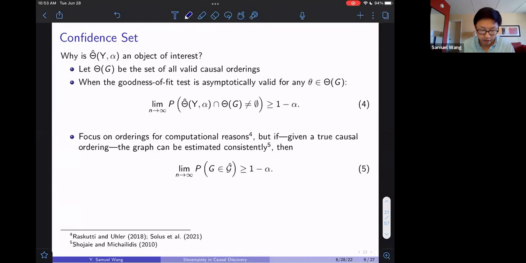Then letting that set of graphs be g hat, this would give us something much more natural in terms of what we are used to thinking about in confidence sets. In particular, the true graph g, which in this case is unique, is contained within this set with some user-specified probability.